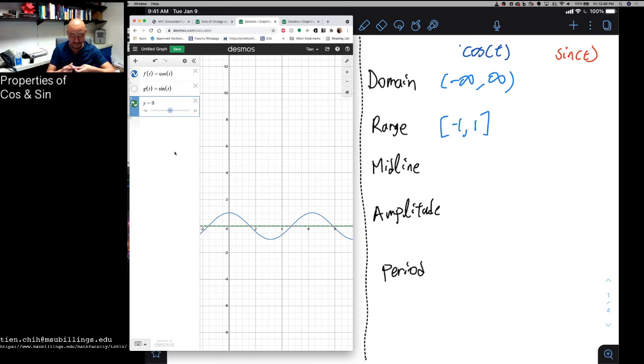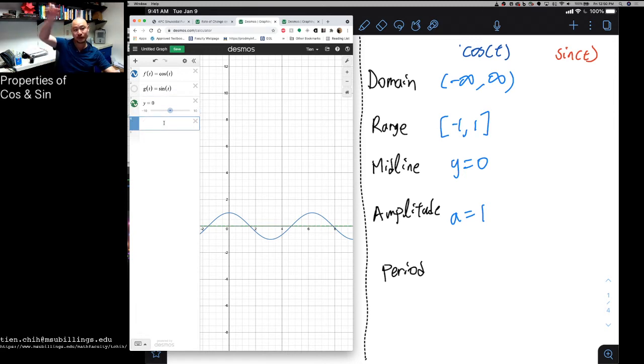So a midline of y equals 0 is what makes sense there. And then the amplitude is how far up and how far down you go from your midline. And again, we know we're going all the way up to 1 and all the way down to negative 1. So that gives us an amplitude of 1. We can see that this distance here is 1 and that this distance here is 1.